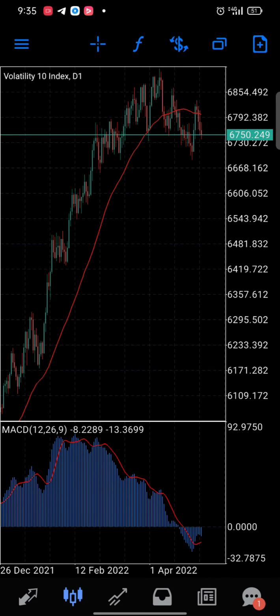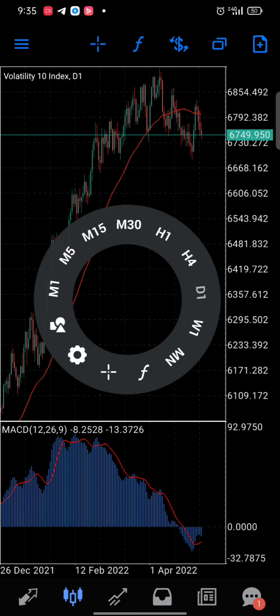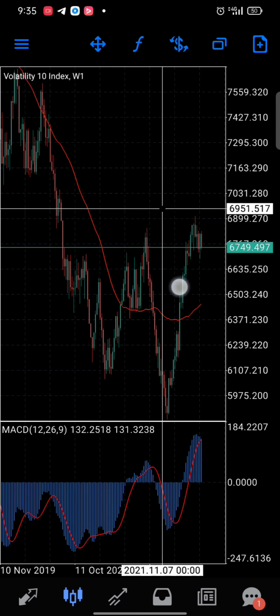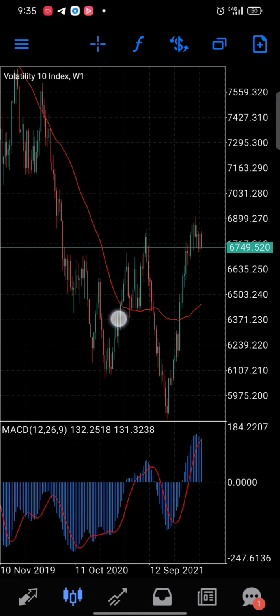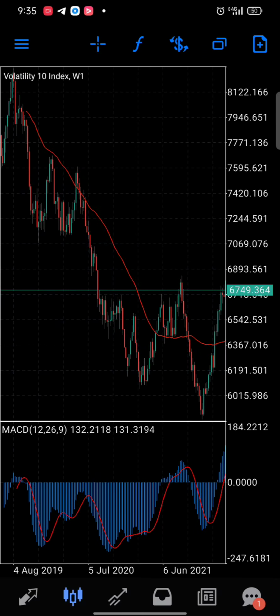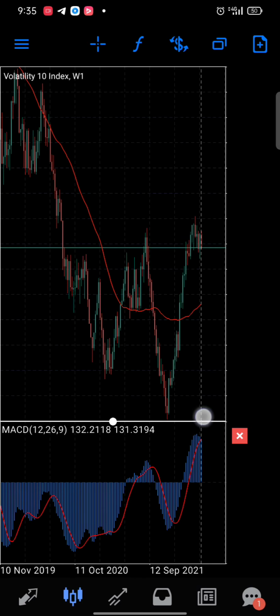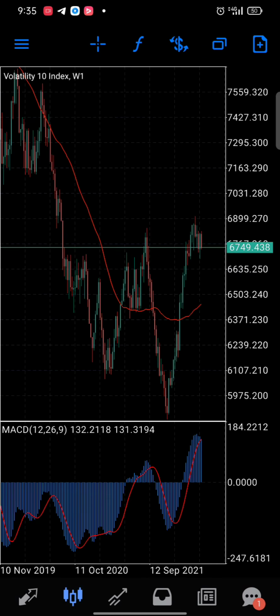If you remember vividly, in our previous video, I told you guys that the volatility 10 index is coming down for a heavy downtrend, seeing the fact that, look, this is a strong support, a strong resistance zone, and then the market just hit right here, and we're expecting the market to move back to the downside. That's why we're expecting it to sell.